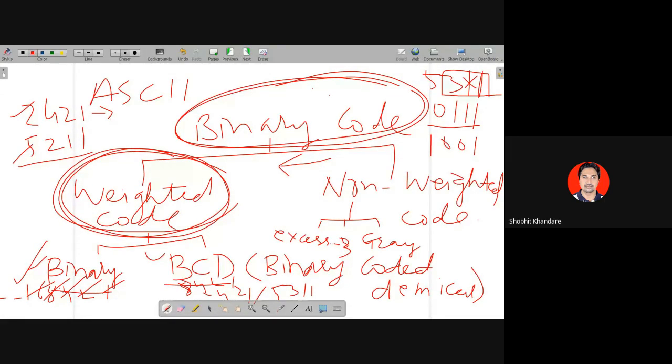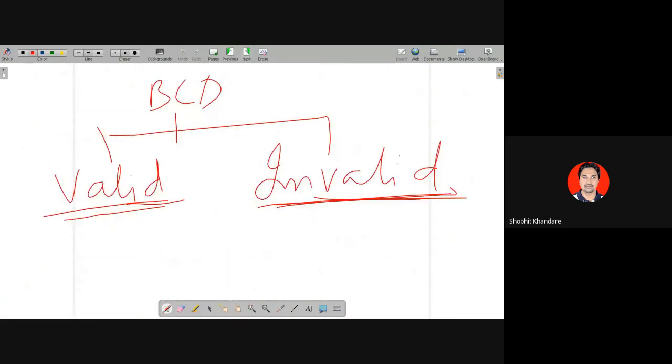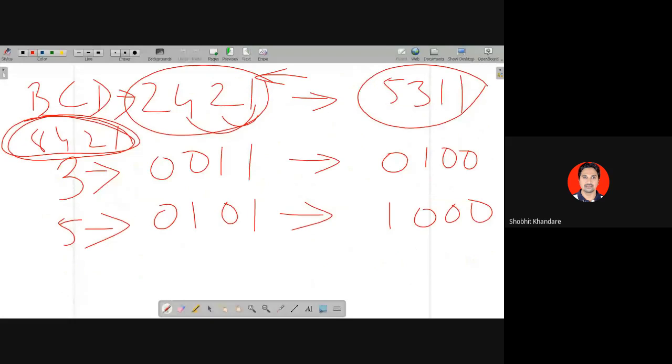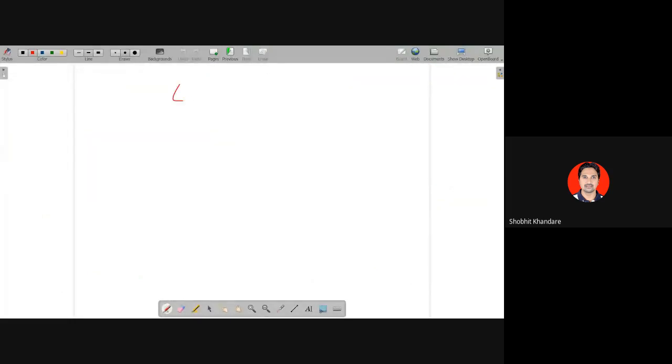Now I have explained binary, I have explained BCD. Now we will start with XS3. This is a part of your syllabus, so we will see this. Sometimes XS3 is written as XS3 or just X and 3.